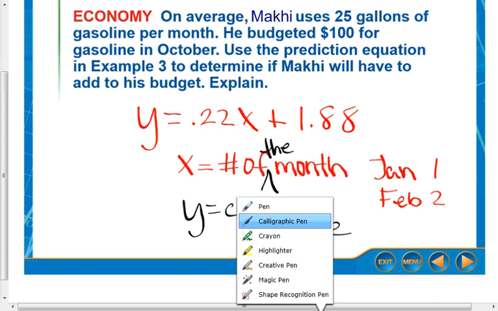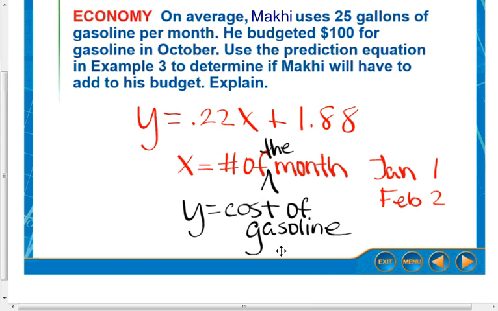Because we've got two things that I think are important: 25 gallons and $100 for October. Do you think you know what x is? Do you think you know what y is? Well, if you said x has got to be 10 for October, that's really good. October's the 10th month.